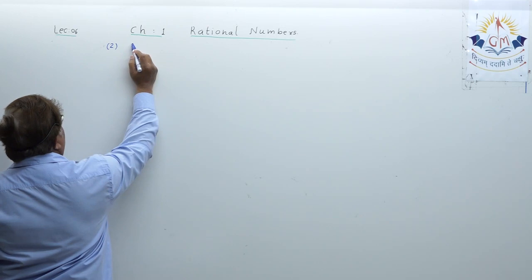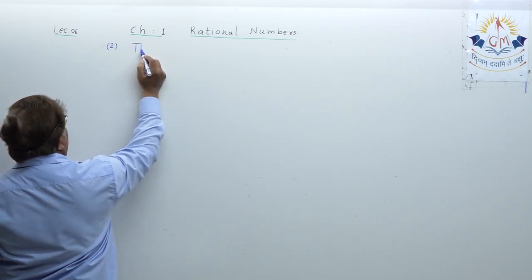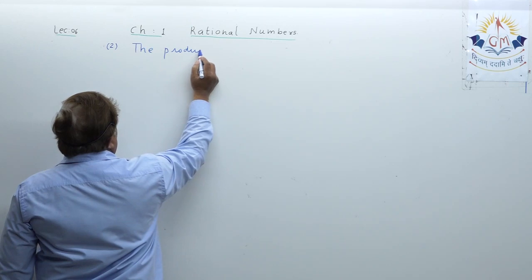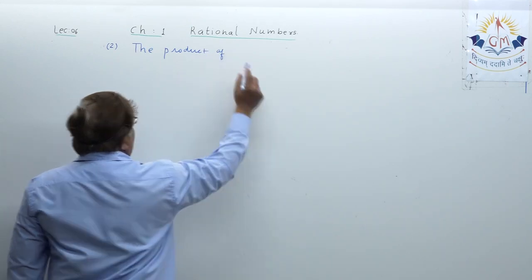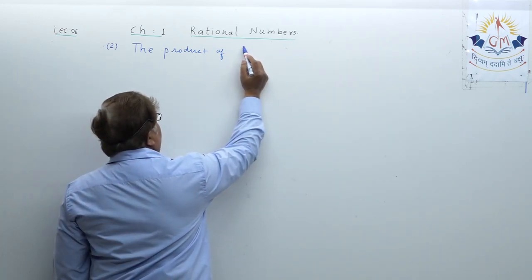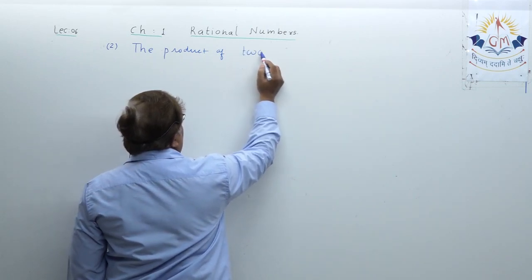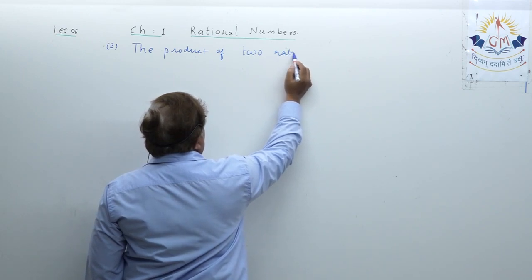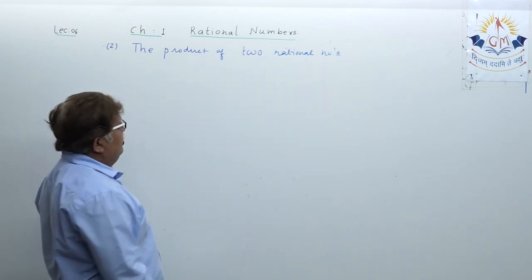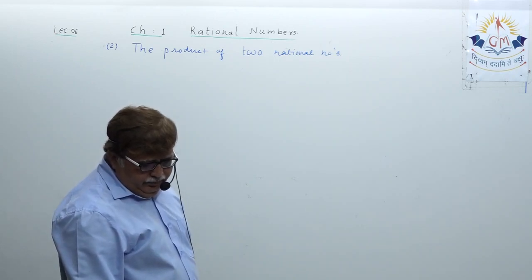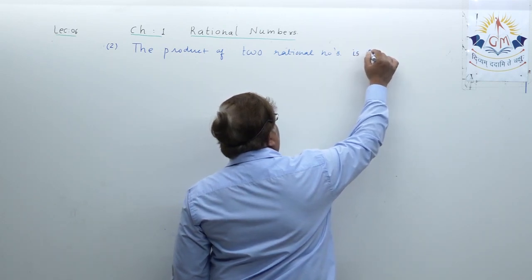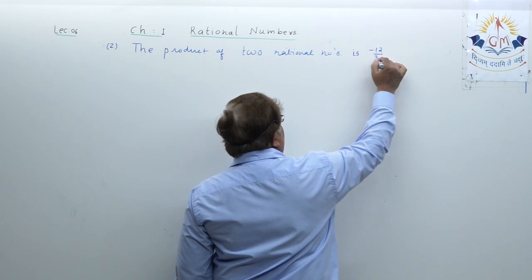This is like this. Please note down, the product of two rational numbers is minus 12 upon 35.